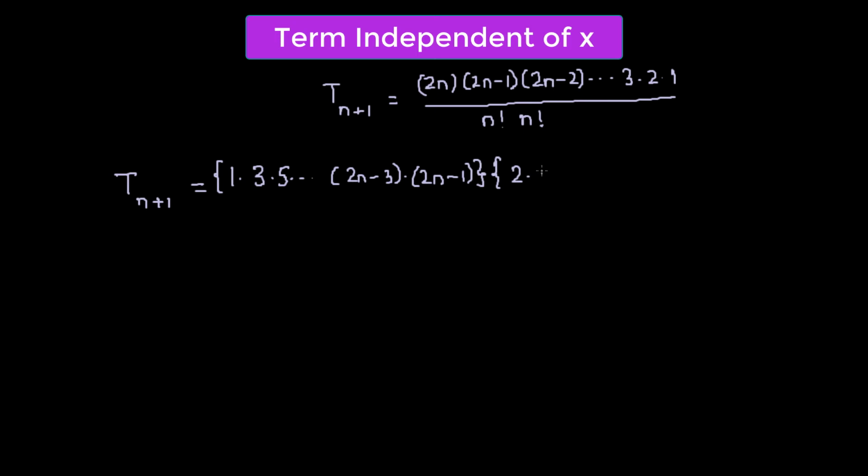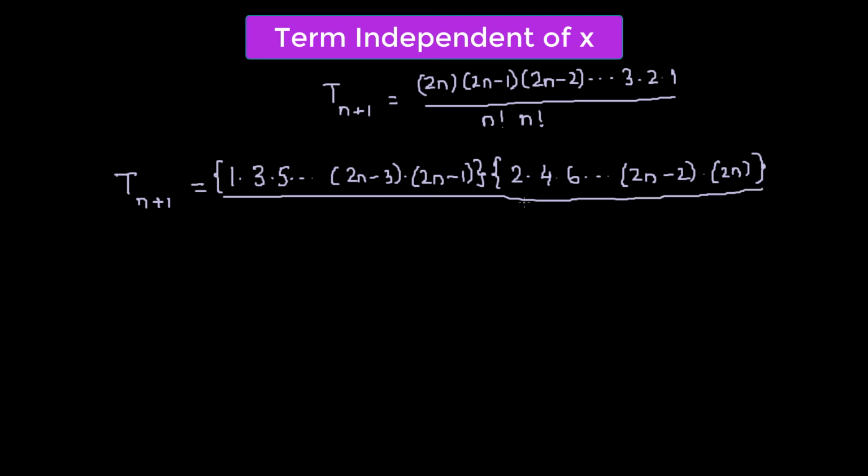So that would be 2 times 4 times 6 all the way up to 2n minus 2 times 2n, divided by n factorial times n factorial. Then we keep the odd terms the way they are, so we have 1 times 3 times 5 all the way up to 2n minus 1.